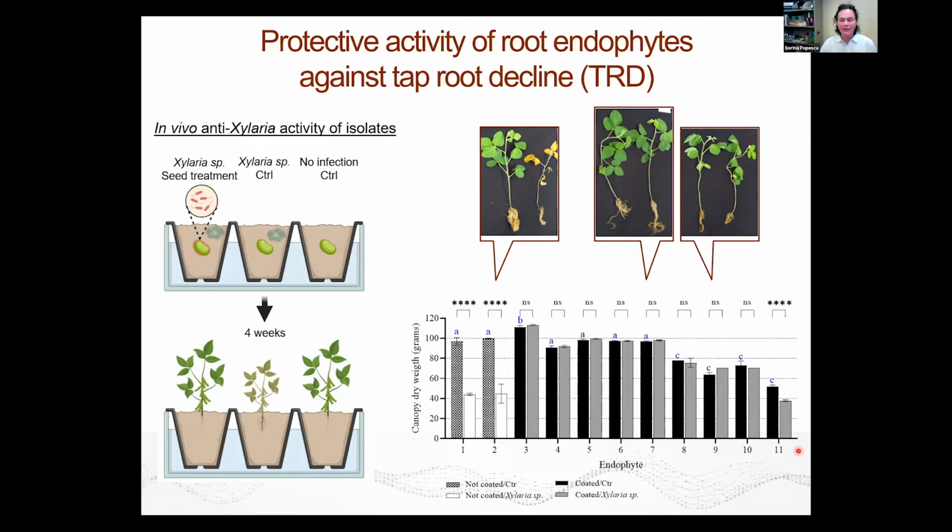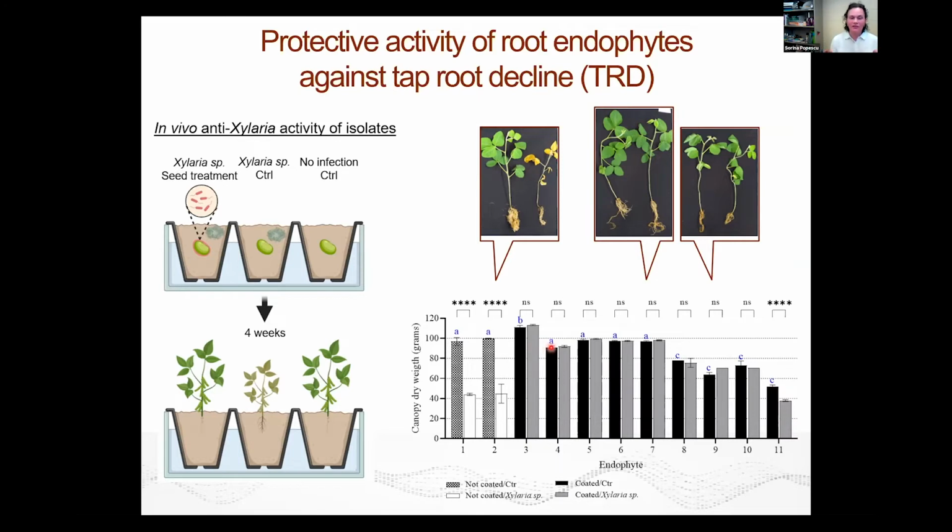All these other plants have been coated with these endophytes, and looking at them, except this one as well, you see that the black bars are the ones that were not infected with Zalaria. These are plants that were coated but infected with Zalaria. So basically, you see no statistical differences between infected and not infected plants.